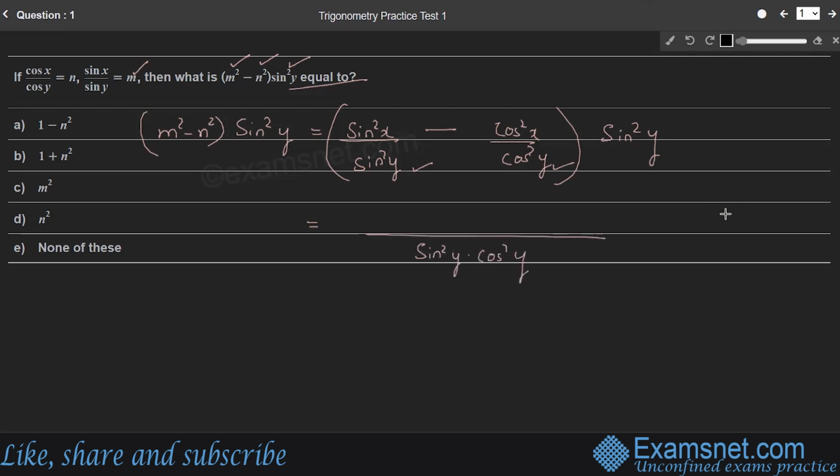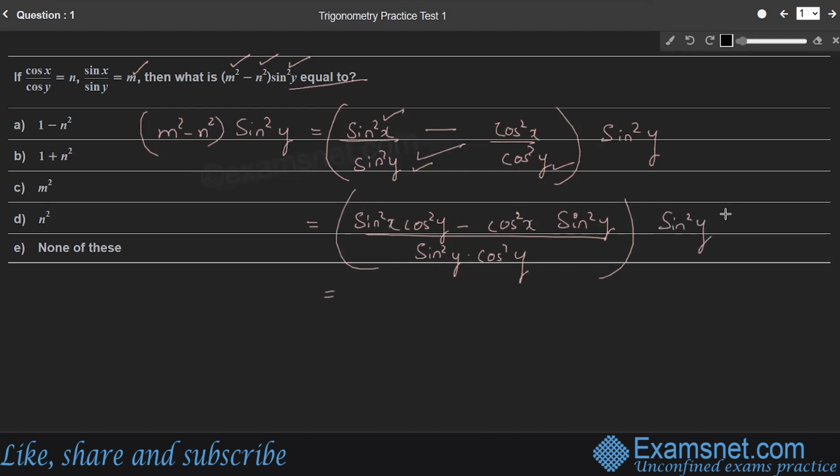So the numerator becomes sin square x into cos square y minus cos square x into sin square y.